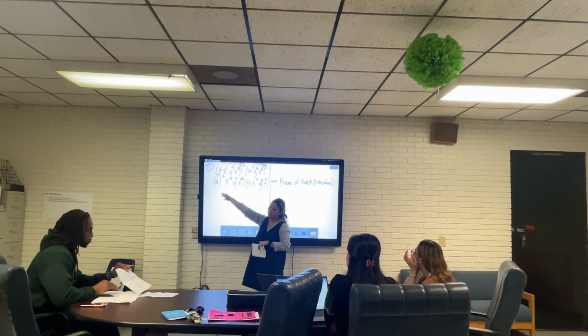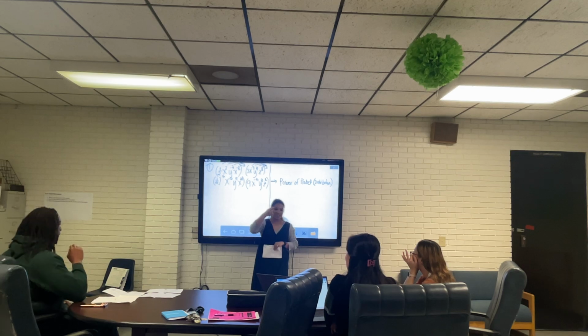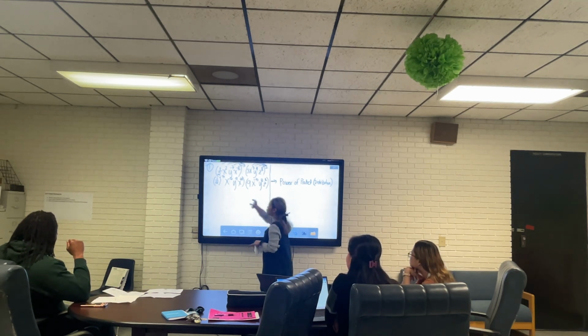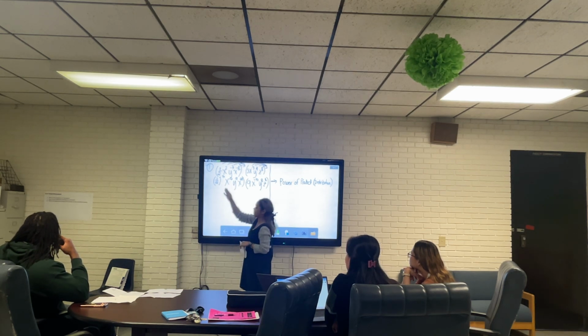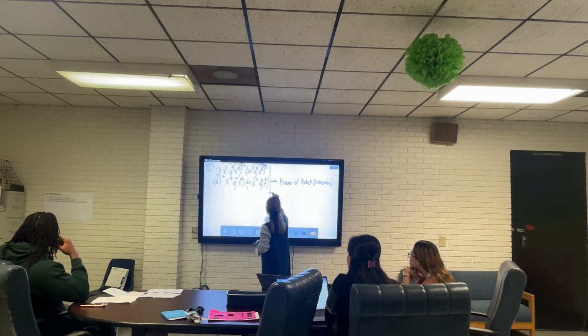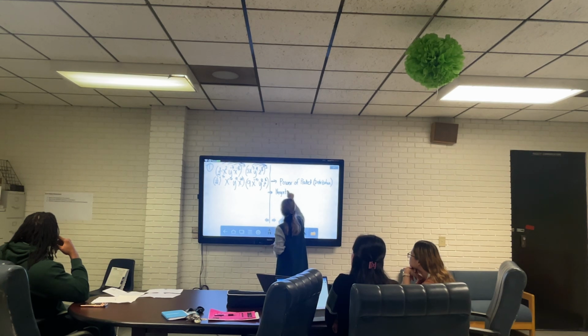If there is a negative exponent, they need to flip it, they need to switch it. For example, the power here is negative 3, the power here is negative 6, so they need to flip it. This is what they use, the negative exponent.